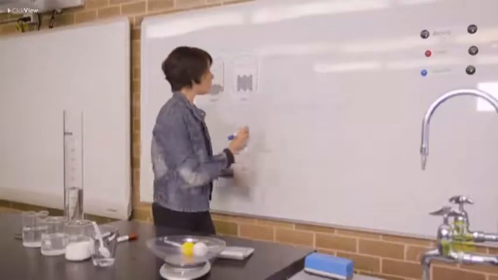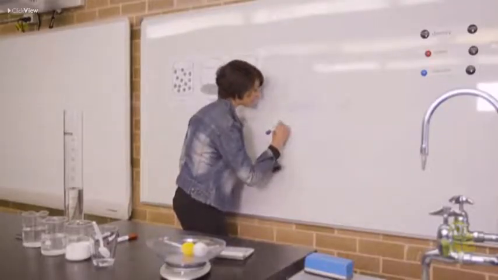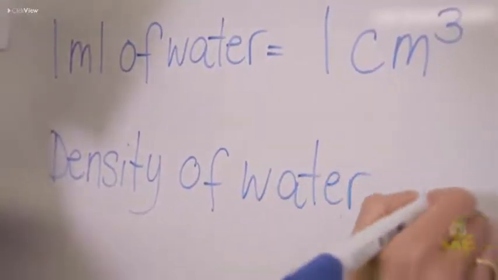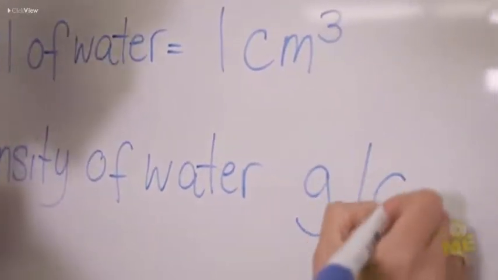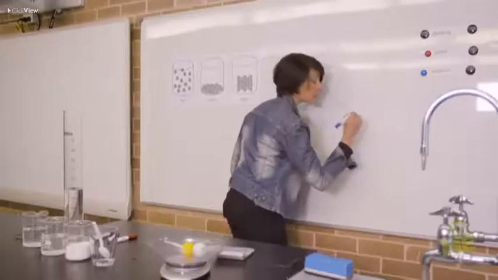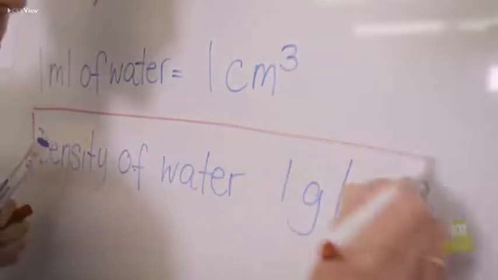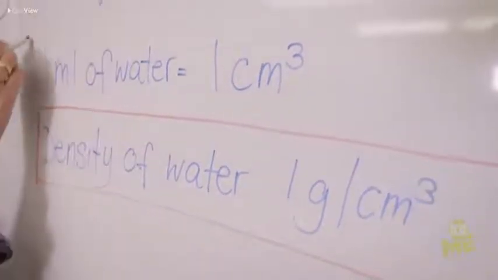The density of water is measured using the units grams per centimetres cubed. I'm going to box these up because these are important points for us to remember.